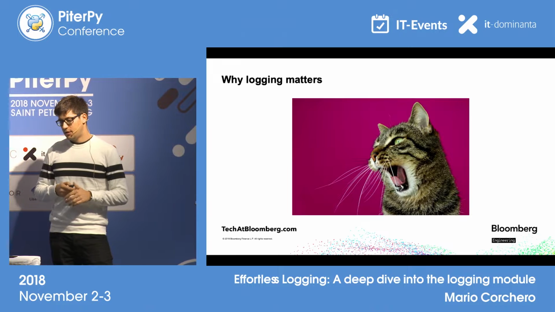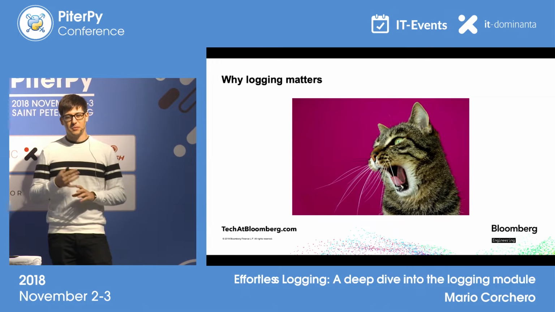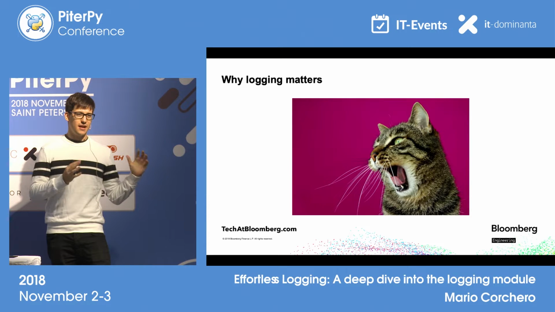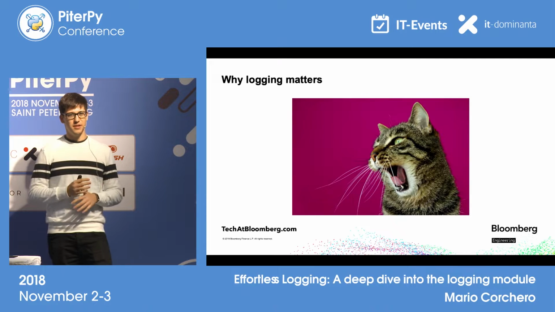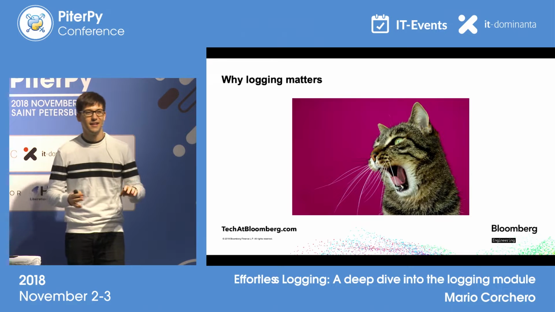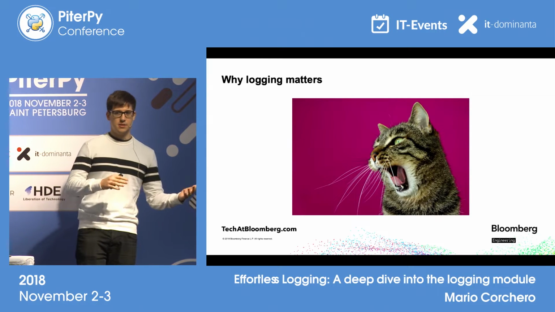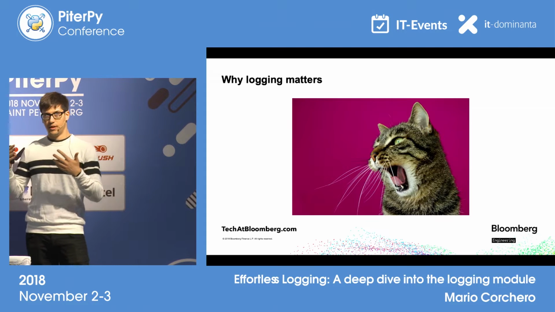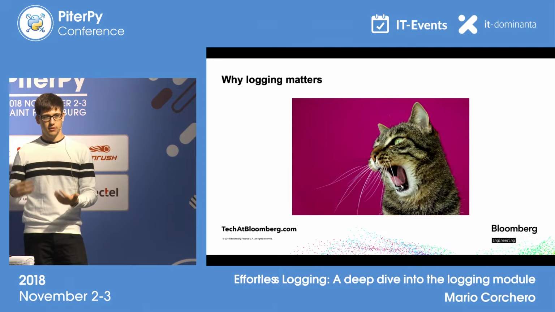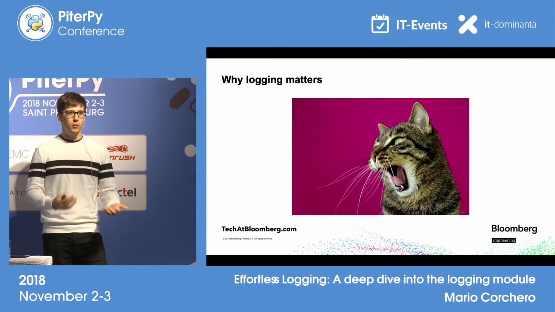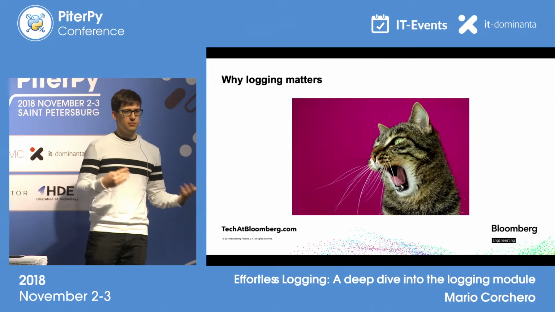Something someone told me, and I never thought about it: there are some purists around logging who say you should never use a debugger in development. The reason is that if you are not able to reason just with the logs you see from your application in development, which include debug logs, for example, how will you be able to understand what your application is doing in production when it breaks?